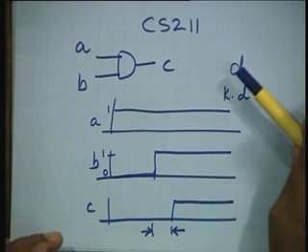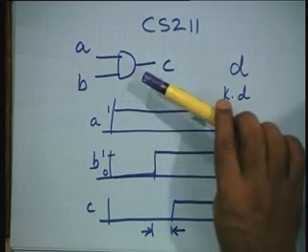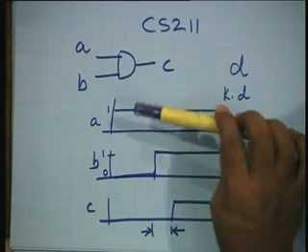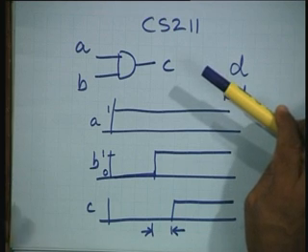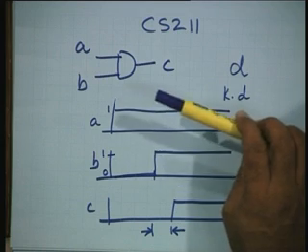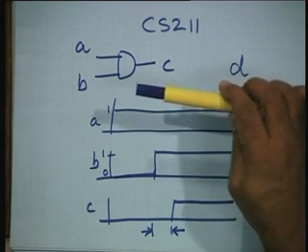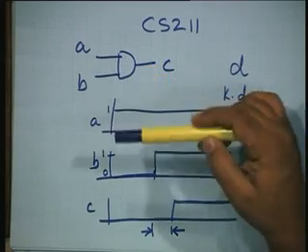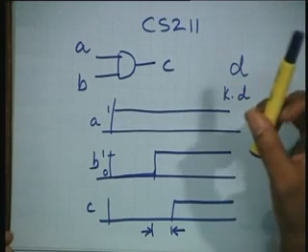Strictly speaking, this d would depend upon how many inputs the gate has and how many other gates this gate is feeding. Okay. Which means that the delay is a function of fan in as well as fan out. For example, a 3 input gate would have slightly more delay than a 2 input gate, and a 4 input gate will have even larger delay, but the delay does not grow proportionally.